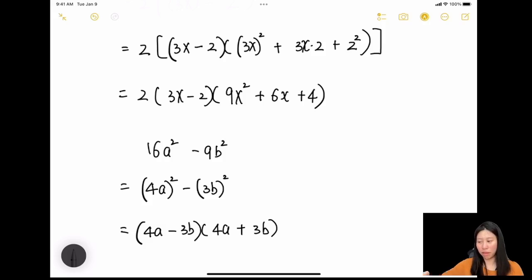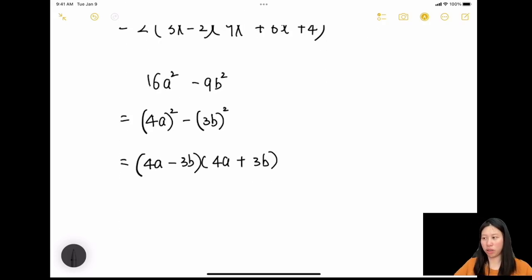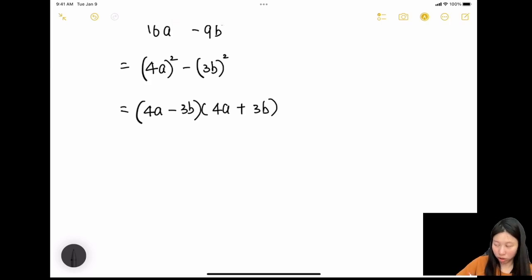Okay, so now let's do another one, a regrouping one. Let's do regrouping.